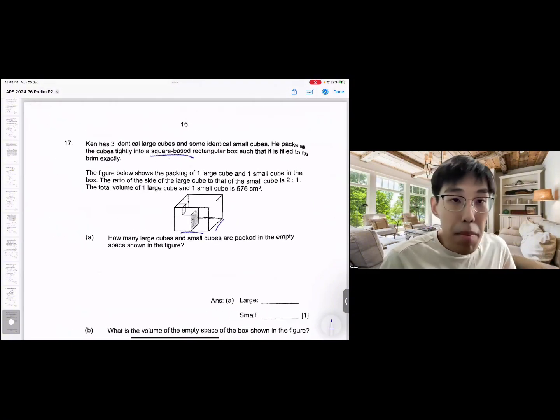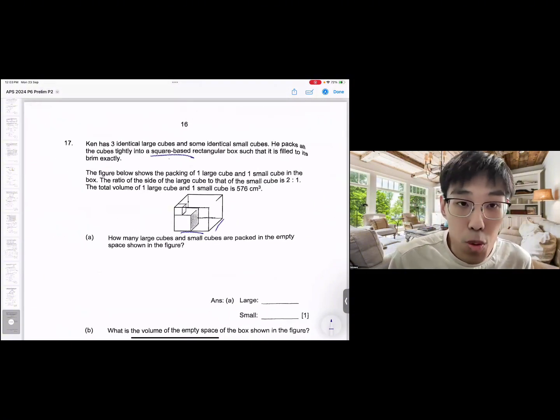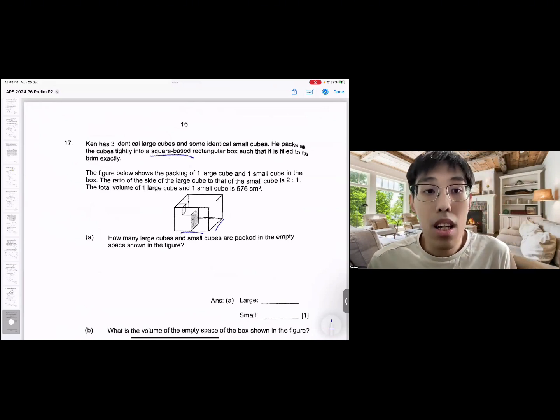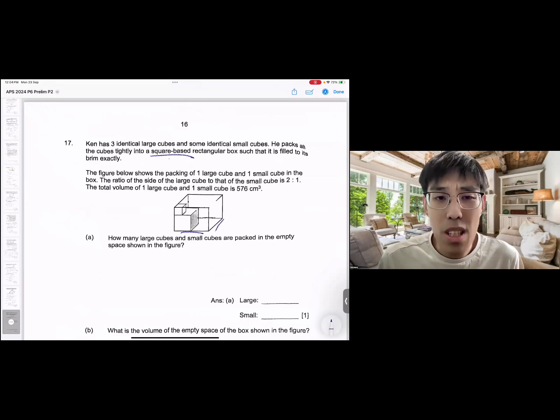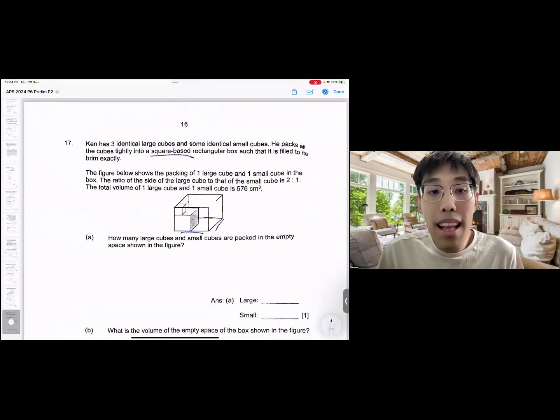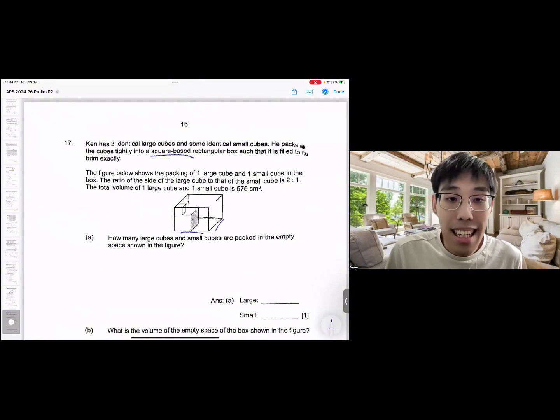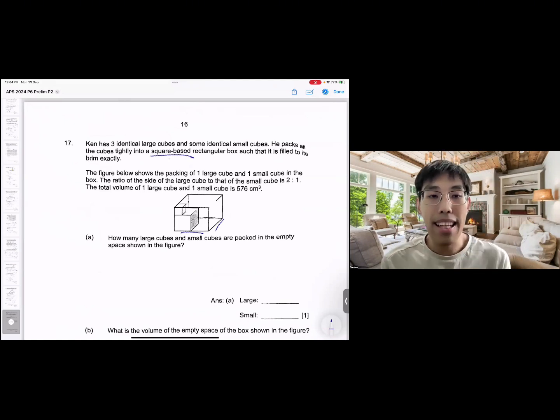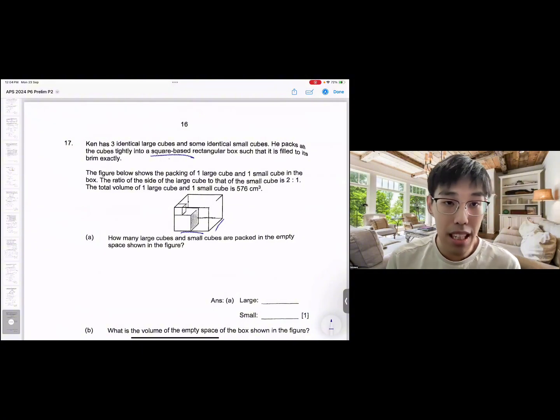The figure below shows the packing of 1 large cube and 1 small cube. The ratio of the large cube to small is 2:1. The volume of 1 large and 1 small is 576. How many large and small cubes are packed in the empty space as shown in the figure?